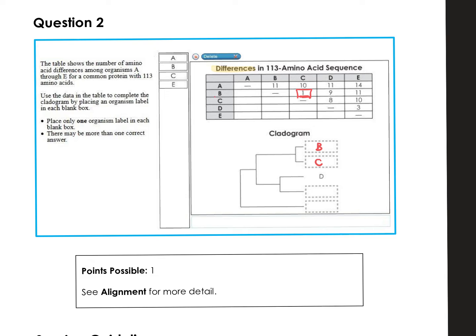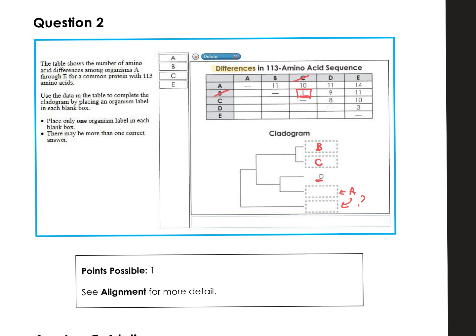So B and C, now I don't have to worry about B or C. I just got to worry about D's already placed, right? So D's there already. And the question is, does A go here? Or does A go here? Where's that going to go? Well, how closely related is A to D? A and D have 11 differences.